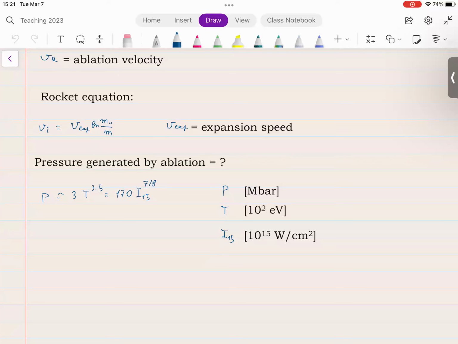Okay, and now that I've done this, I've realized, well, I'll just type it. So that's one expression, and here is another one.